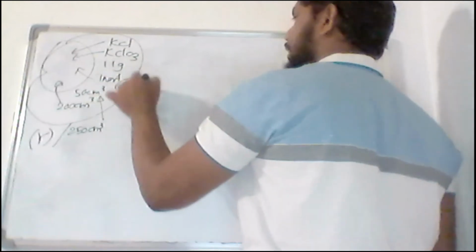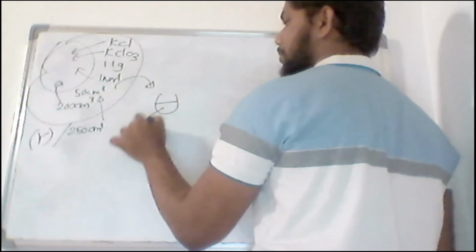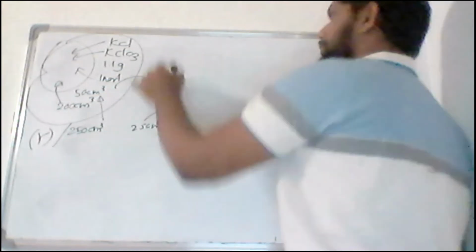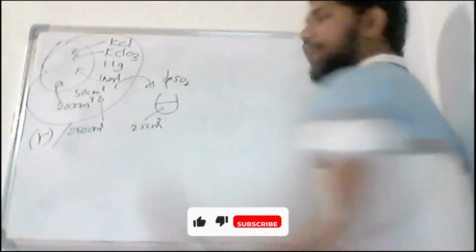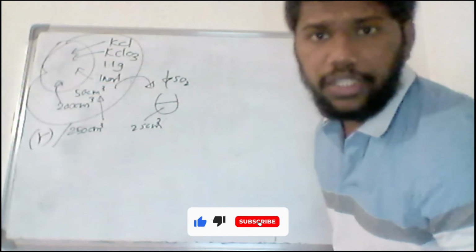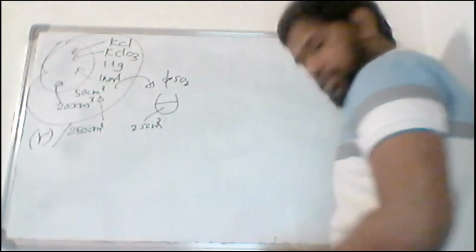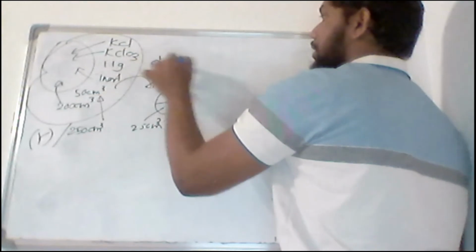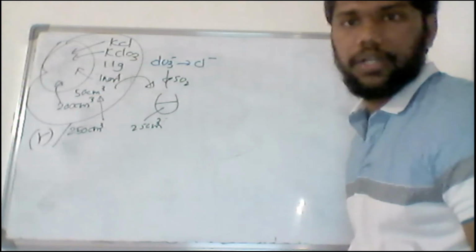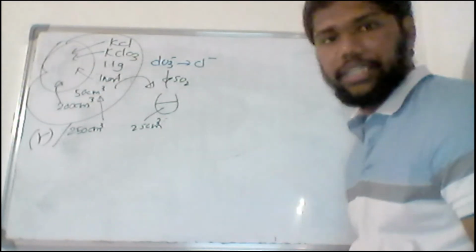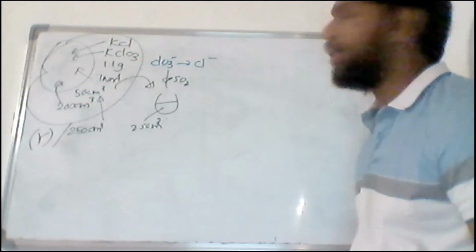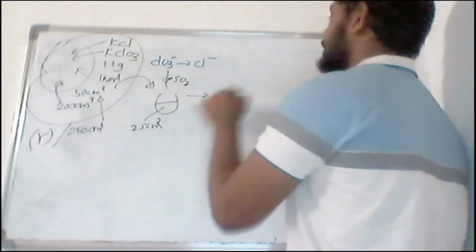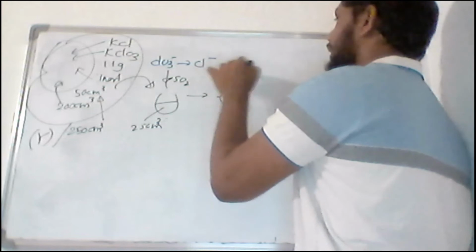So from this, they have taken 25 cubic centimeter of this solution and added SO2 gas. Okay, so when they have added SO2 gas, what is actually happening here? ClO3 minus in this solution is converted into Cl minus. So that is one point. Okay, and they have removed excess SO2 in the solution, and to the resulting solution they have added AgNO3.